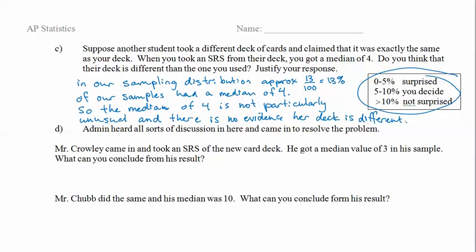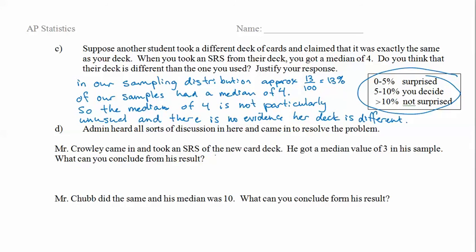Okay, the admin heard all sorts of discussions in this class and came in to resolve the problem. So Mr. Crowley came in, and he took an SRS of the new card deck. He got a median value of 3 in his sample. So what can we conclude from his result?